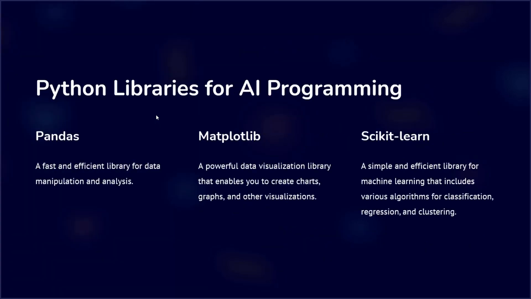Python libraries for AI programming. Some of the libraries are mentioned here, and Python provides lots of libraries. There are so many libraries present. You can call the libraries according to your need. Here only three libraries are mentioned, like pandas.